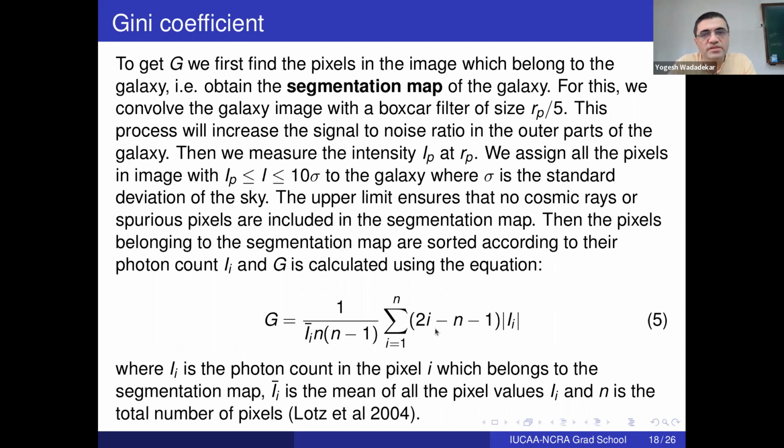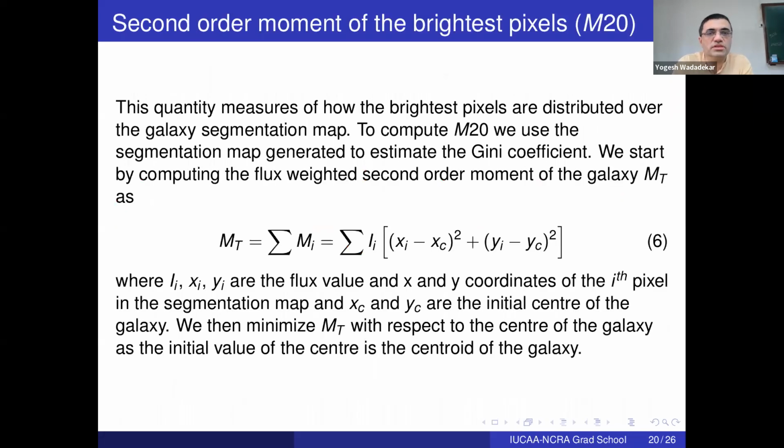Then 2 times I over the segmentation map, you'll get a value of 2 times the number of pixels here into ij divided by n, which is the total number of pixels. So you'll get, I think, a value of 1. We'll have to check that if you have complete equality. And if you have complete inequality, then it will go to 0.